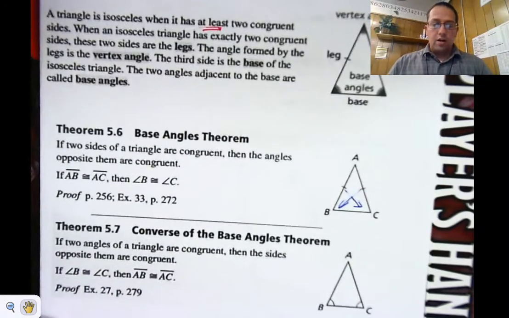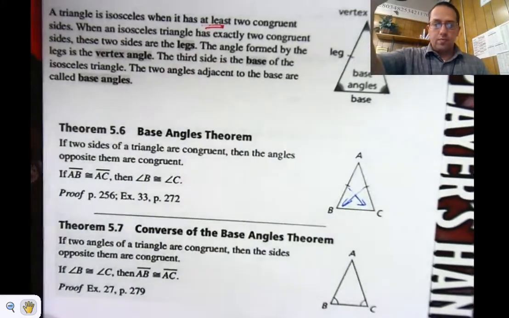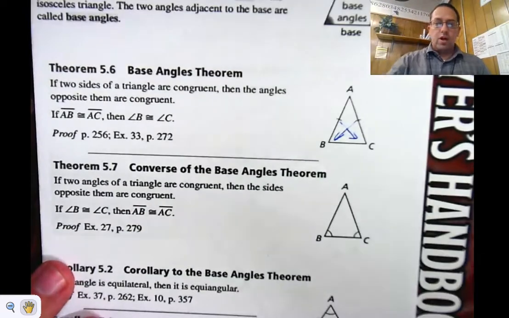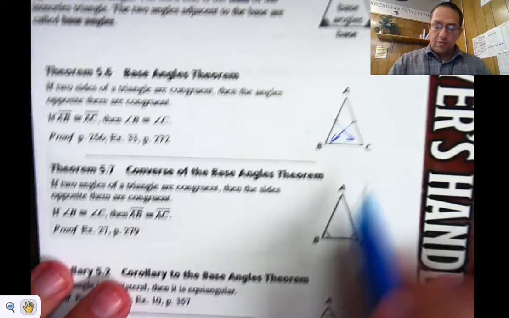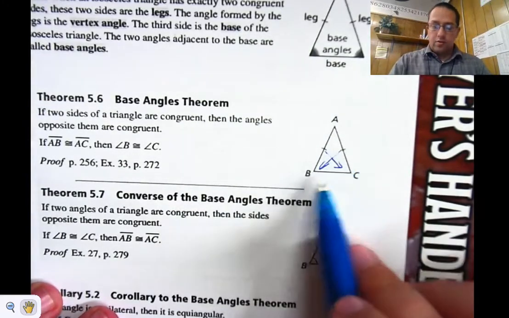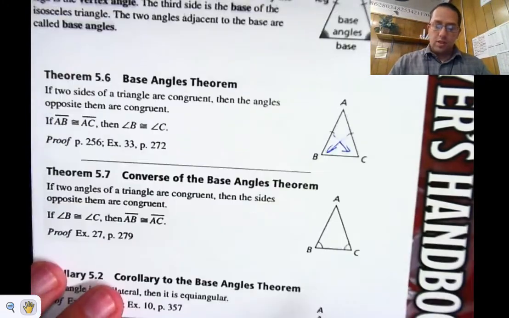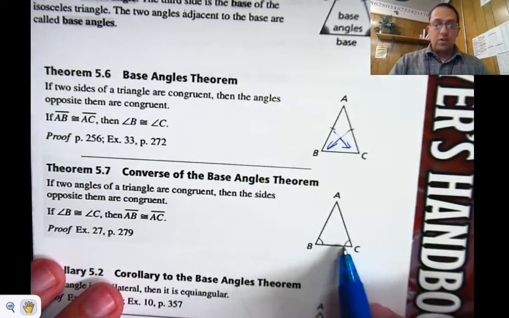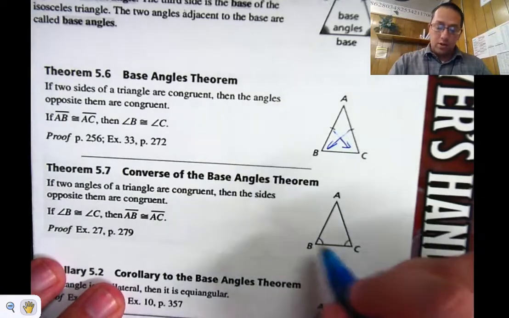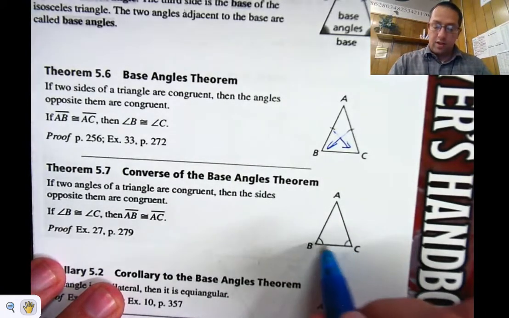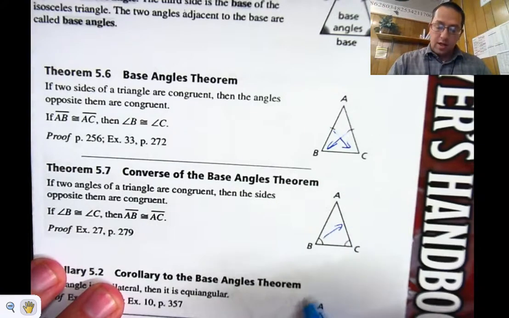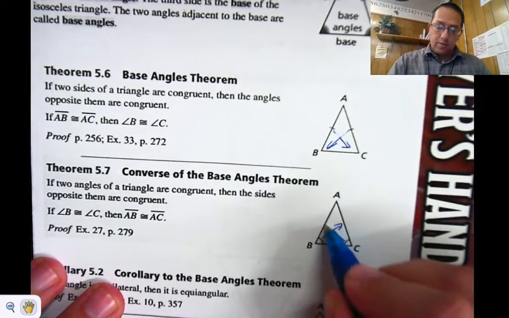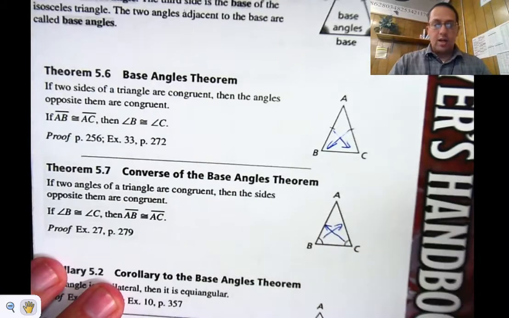Then we have the converse of the Base Angles Theorem. If you remember, converse just takes things and turns them around, go the other direction. So instead of saying, hey, if the legs are congruent, then the angles are congruent, what this says is if you have a triangle with two angles that are congruent, the sides opposite those angles are going to be congruent. So since we have base angles congruent, that means that segment AC is going to be congruent to segment AB.